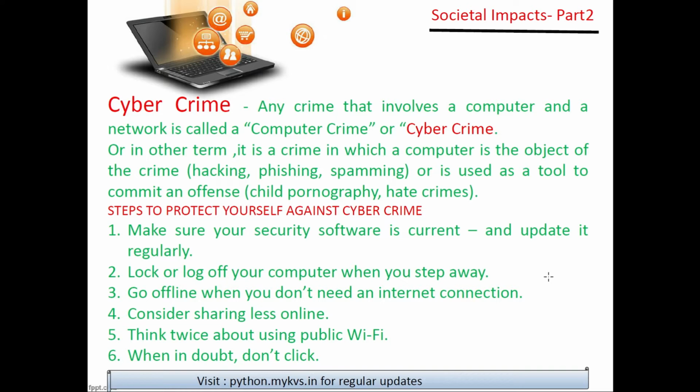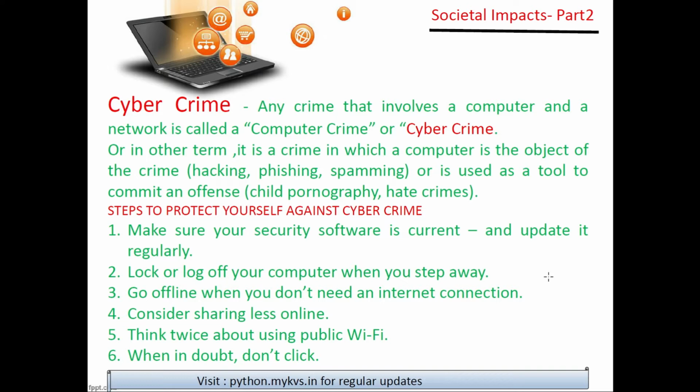Go offline when you do not need an internet connection all the time. Consider sharing less online. Too much information should not be shared online, and think twice about using public Wi-Fi, because public Wi-Fi is the place from where hacking starts. Like in the railways department, we are having free Wi-Fi.